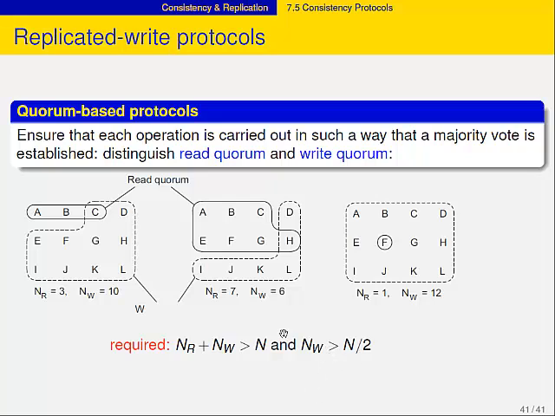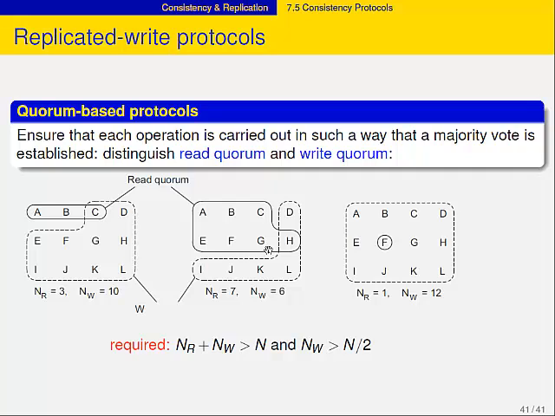Well, in this case, you can have two write operations. And they can write at the same time on the same value, so you don't know what the value is going to be. So you can have two non-overlapping write quorums. That's what I wanted to hear. So you're correct, but you didn't formulate it correctly.